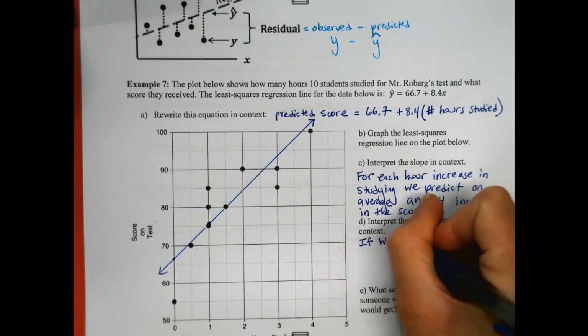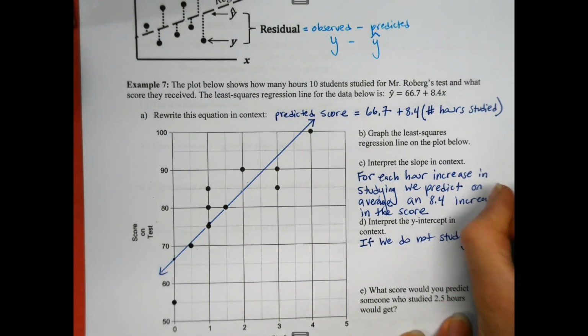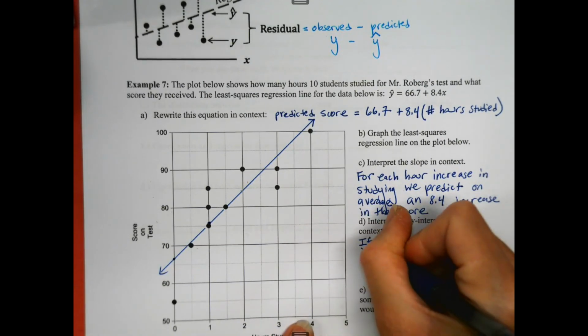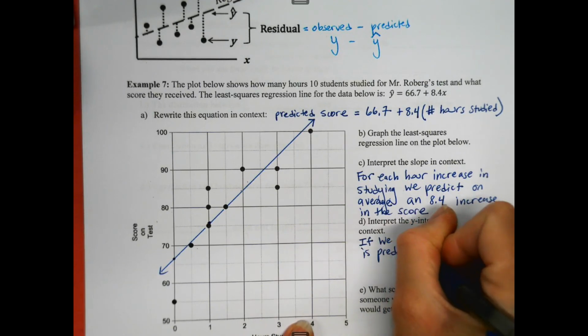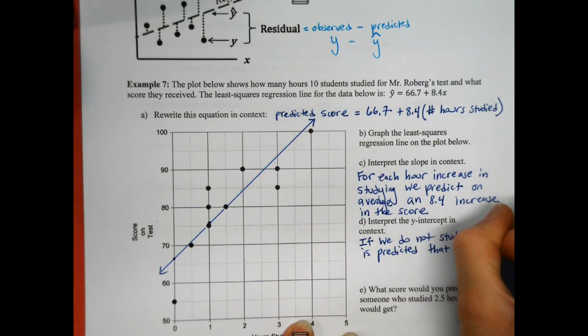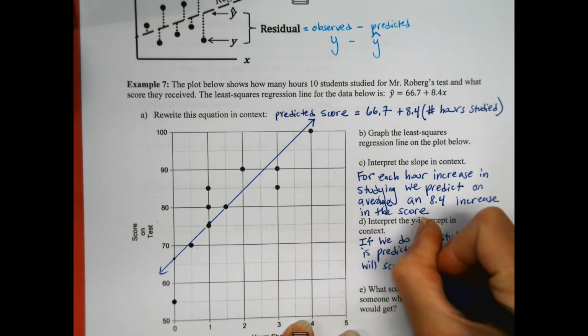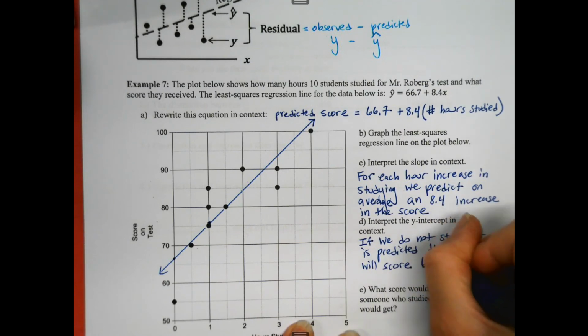If we do not study, it is predicted that we will score 66.7.